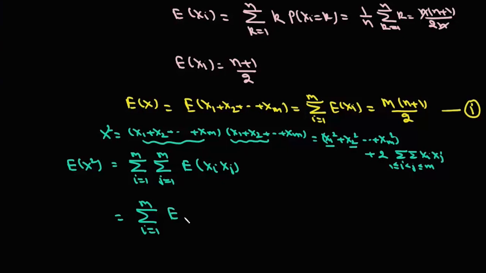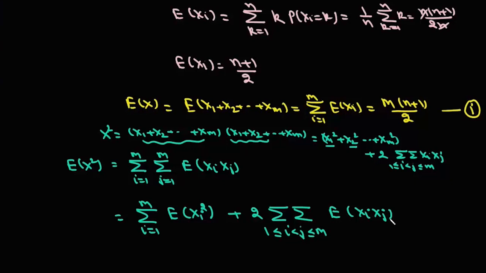So it will be this expectation of Xi square plus 2 times this double summation i less than j less than or equal to m, expectation of Xi into Xj.